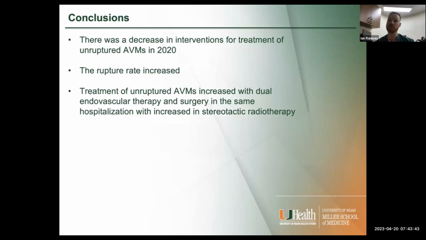So conclusions, right? There was a decrease in treatment of unruptured AVMs in 2020, and the rupture rate increased. And in terms of the ways that these were treated, we think that possibly, although it's speculative, maybe dual endovascular and surgery increased, in that sometimes this is done over 2 hospitalizations, but to decrease time spent in a hospital because of the pandemic, possibly they received both in 1 hospitalization.